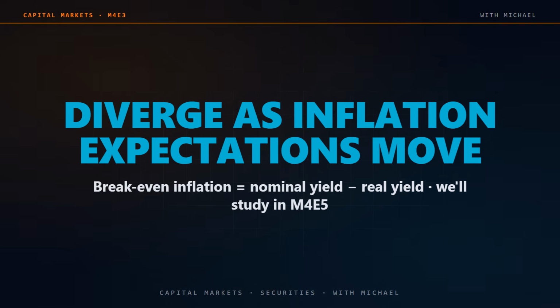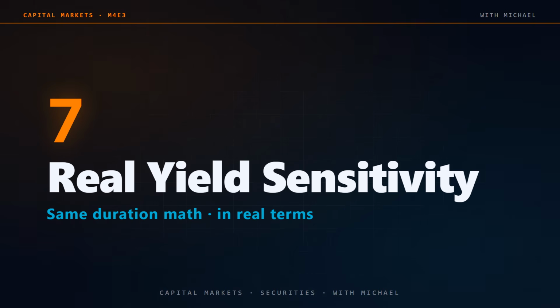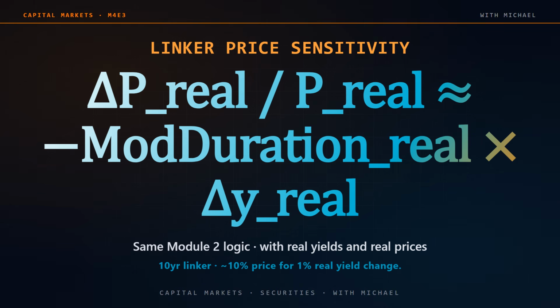Section 7. Real yield sensitivity. Linker prices respond to changes in real yields just as conventional bond prices respond to changes in nominal yields. If the real yield rises by 1%, a 10-year linker price falls by approximately 10%, the same modified duration relationship. Real yields move with real interest rate dynamics, with monetary policy expectations, and with risk appetite.